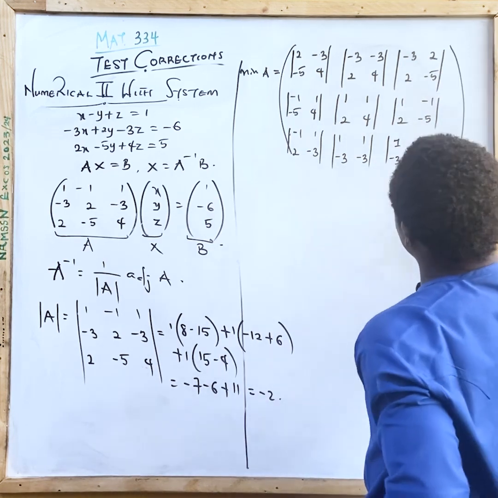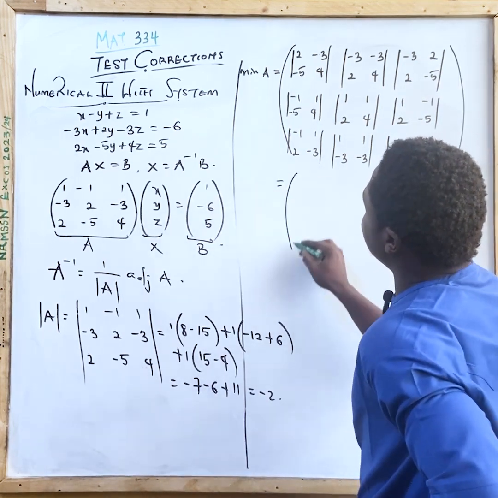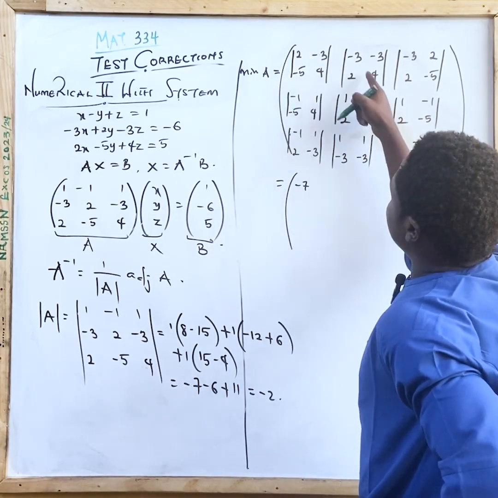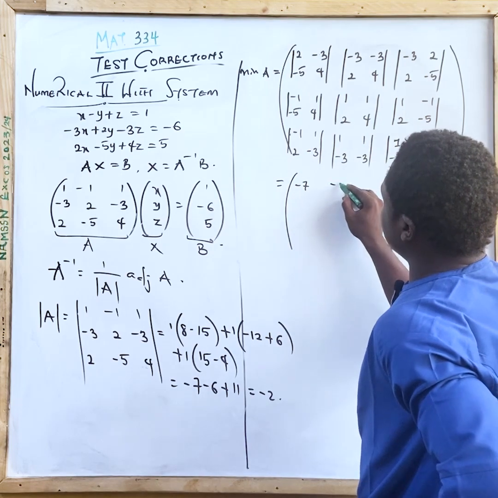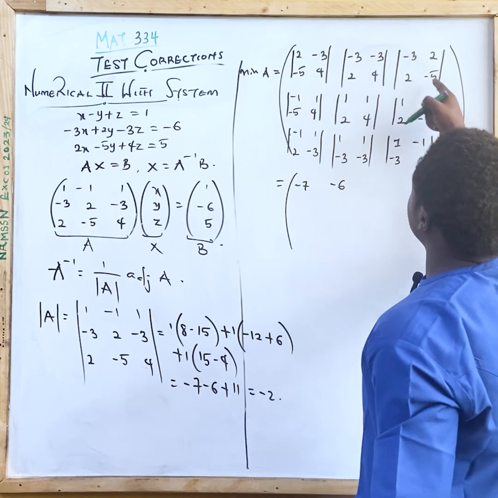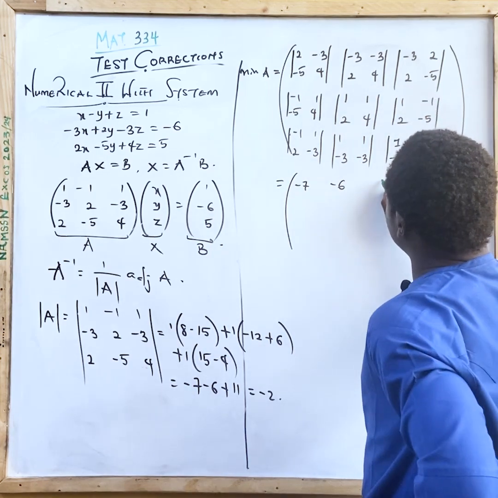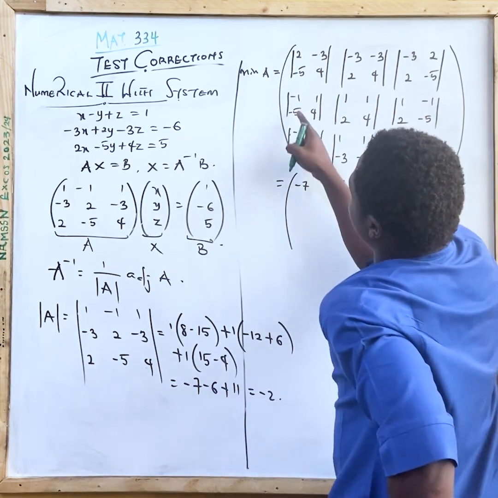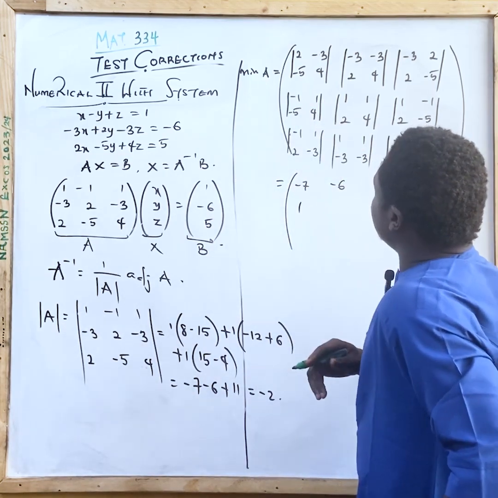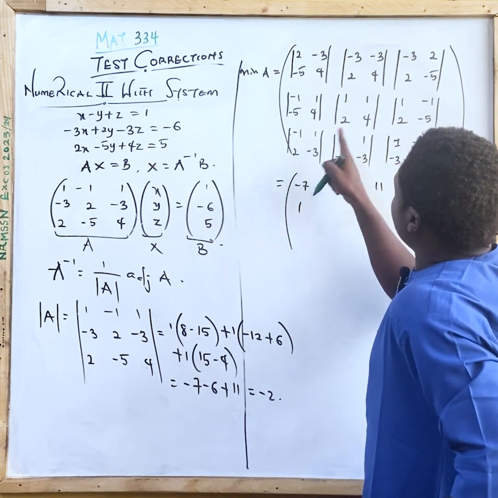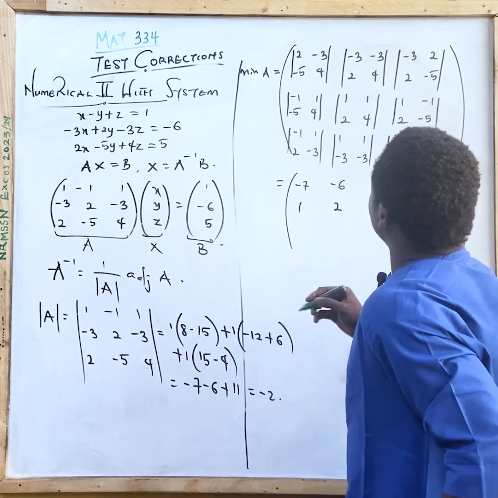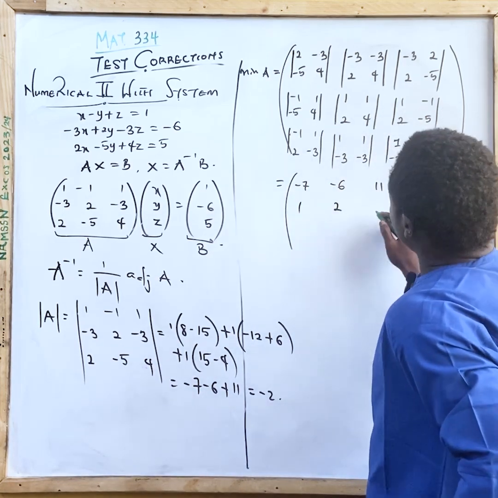So if that is clear, the minor of A can then be: this is 8 minus 15, that's minus 7. This is minus 12 plus 6, that's minus 6. This is 15 minus 4, that's 11. Minus 4 plus 5, I have 1. 4 minus 2, I have 2.